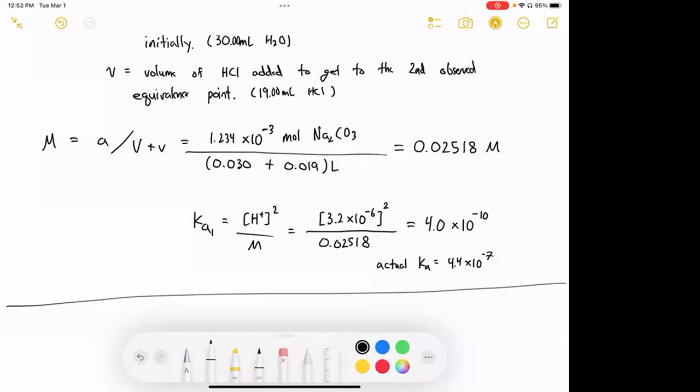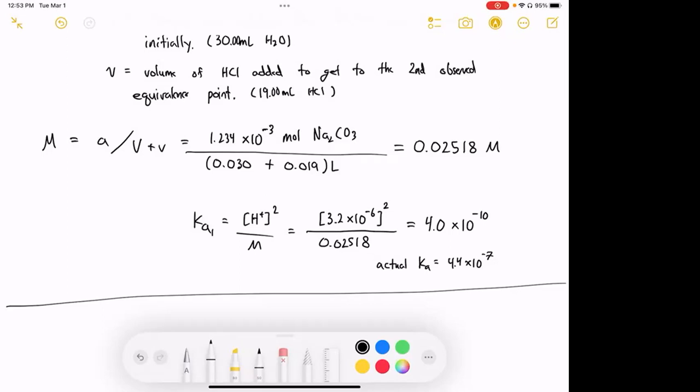Since H plus is equal to bicarbonate ion when it dissociates, you can then input that for bicarbonate squared, or I'm not exactly sure what they do in this next step. Let's take a look here.